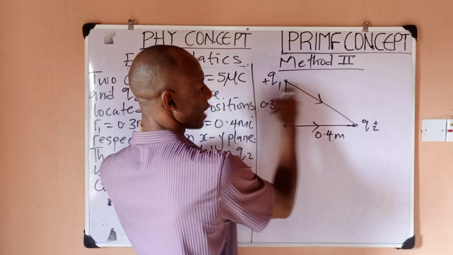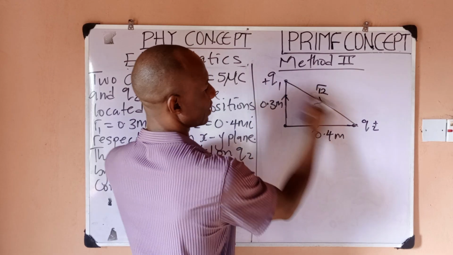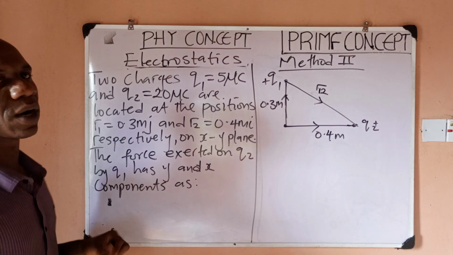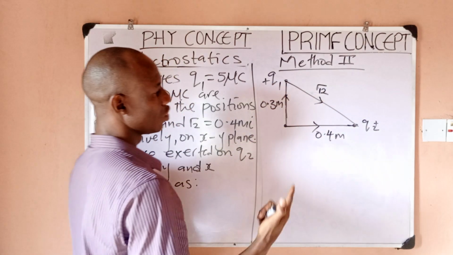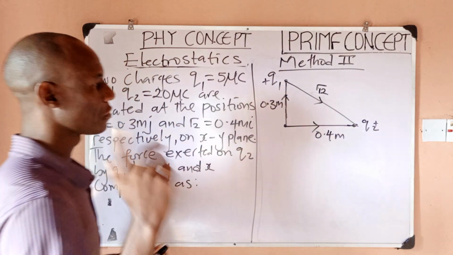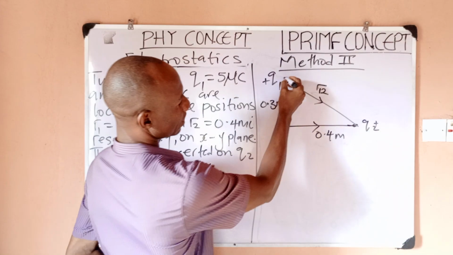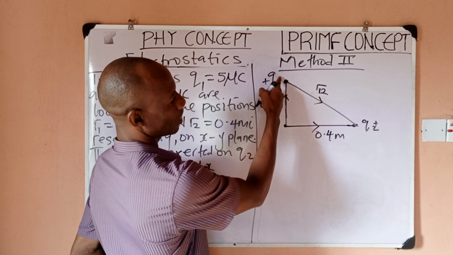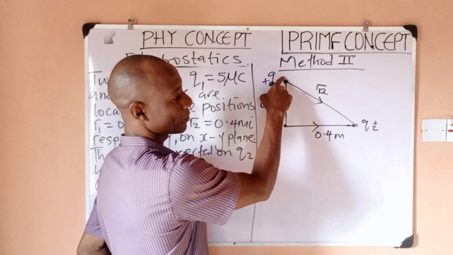Now, what I want to find is R12. That is this distance, R12. So for me to find R12, I'm going to use the concept of vectors. Since it is Q1 that is exerting the force on Q2, this is where you are.